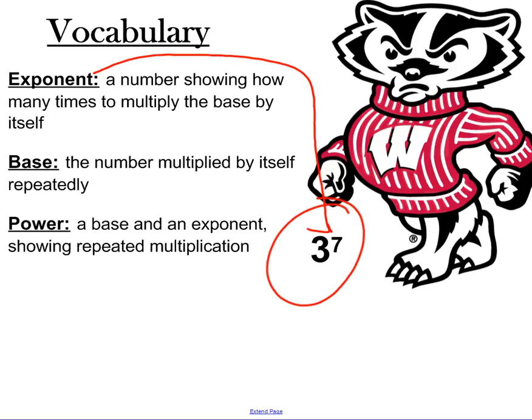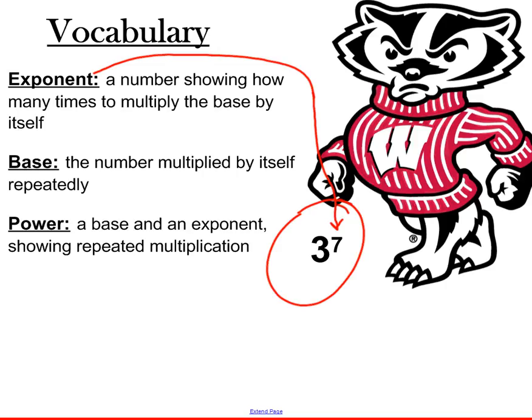Sorry, my arrow got a little funky there. I'm going to erase it and make that better. It's the 7. So the exponent is the 7. And I'll explain how this works in a bit. But the exponent is a little tiny number that's up to the right of a separate number.